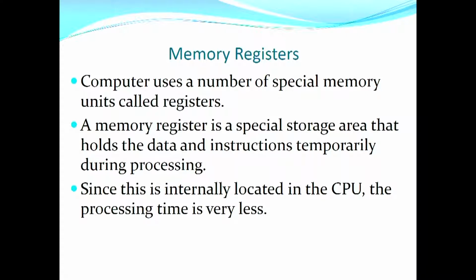So the fastest unit of memory is the memory register, because they are internally located in the CPU and they are used for temporarily holding the instructions and the data, and then the processing is also performed within the registers. And whatever output or result we have got is stored in the output register, and then from the output register it goes to the output devices. So the registers temporarily hold the data and the instructions for processing.